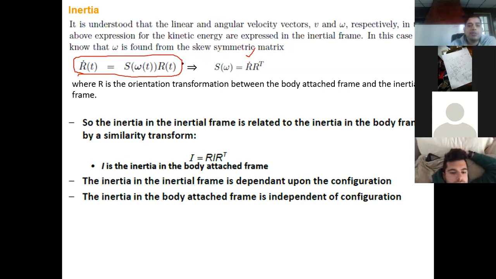Multiply by RT on the left and right hand side of the equation. Then RRT is 1. Then you get S omega equals R dot RT.